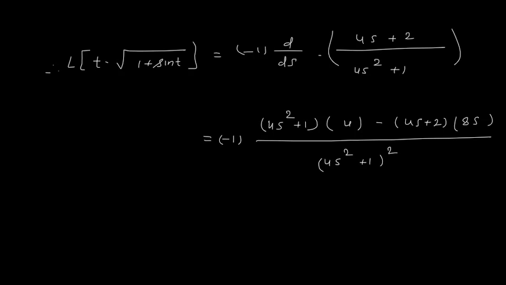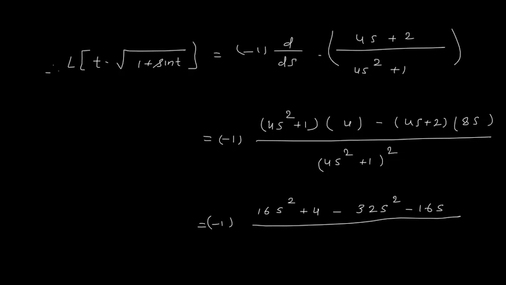So this is equal to minus 1. Now here I will multiply numerator, 4 for the 16s square plus 4 minus 8 for the 32s square minus 8 to the 16s, whole divided by 4s square plus 1 the whole square.